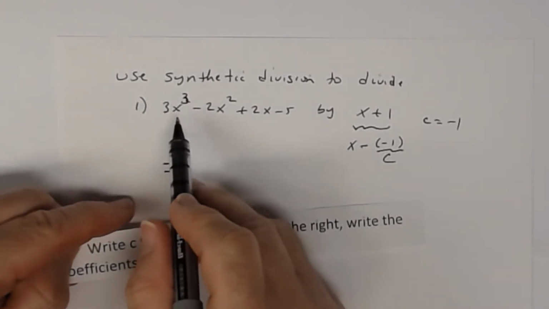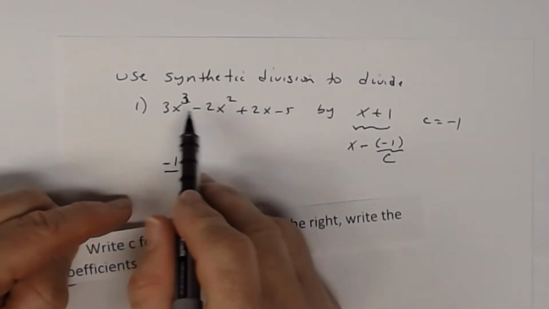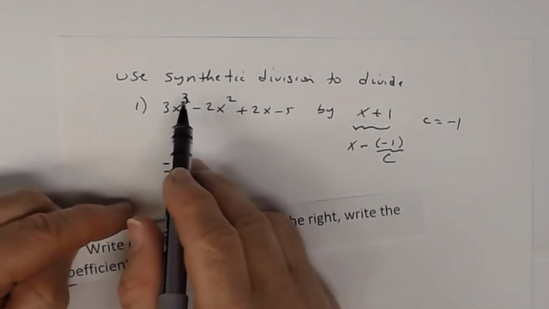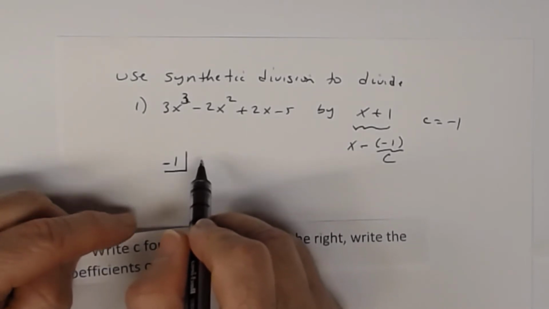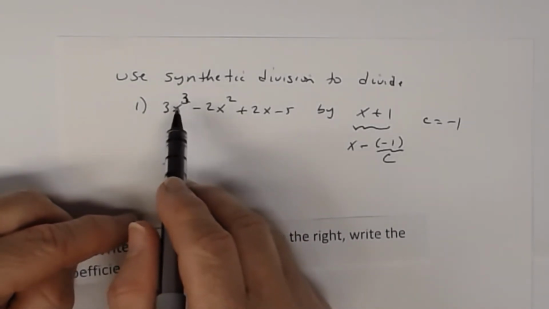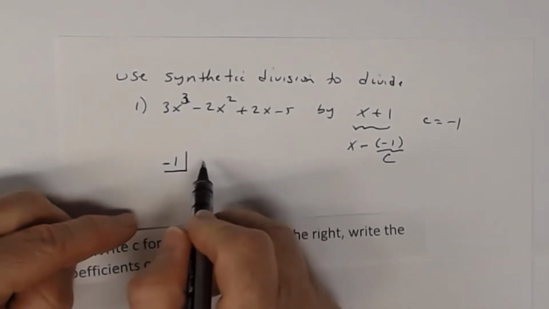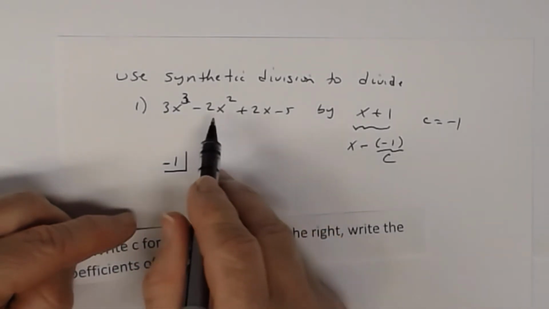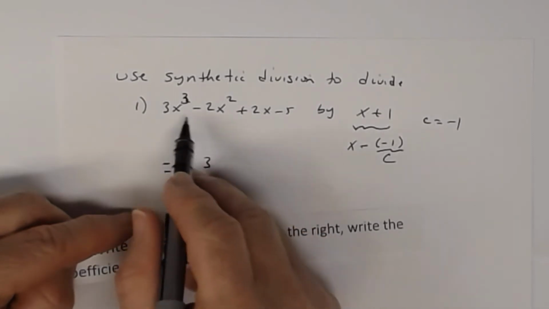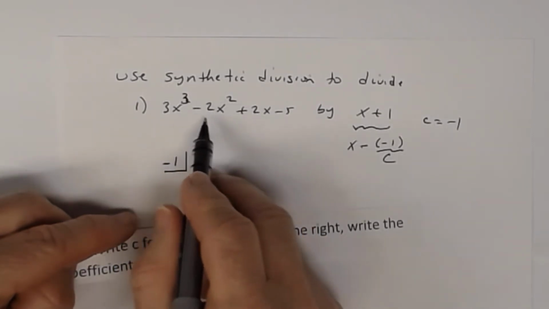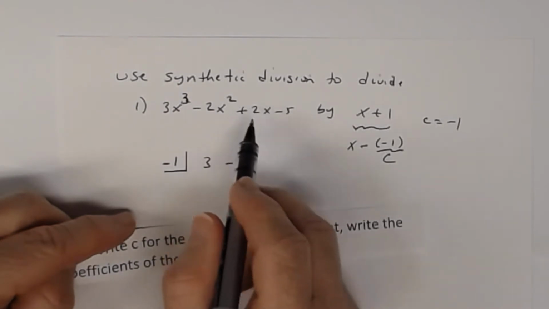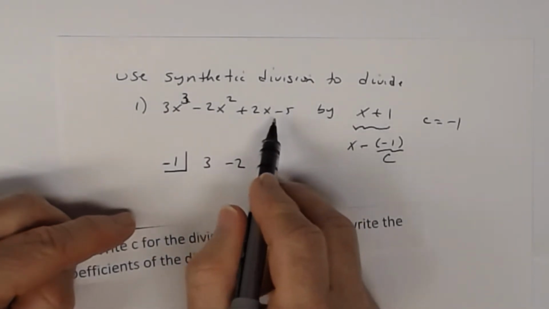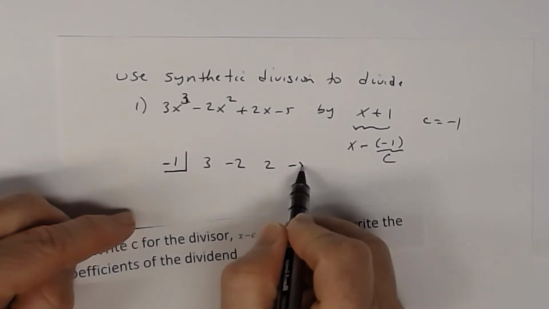So 3, and make sure it's in descending order, because you want your first coefficient to be the leading coefficient. So 3, and you want the rest in descending order. So 3, negative 2, okay? The coefficient of x is a positive 2, and your constant is a negative 5.